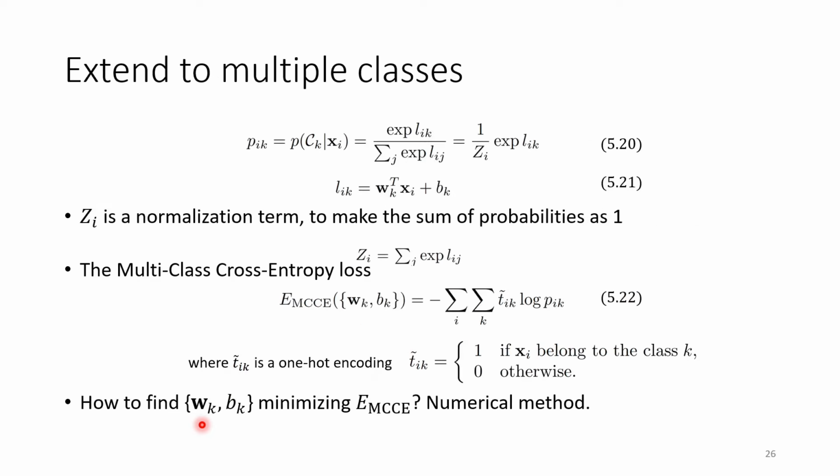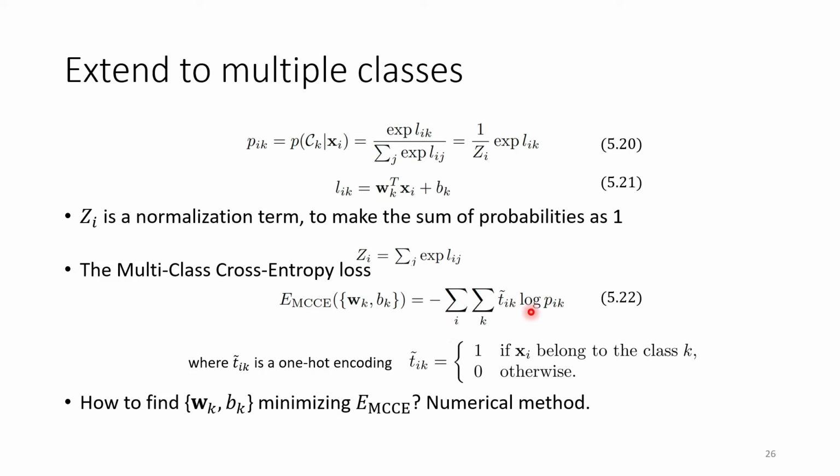Then we extend the two-class scenario to the multiple-class scenario, and we will have the probability value P_ik as this term. Zi is only the normalization term, because all of those probability values should sum up to 1. The multi-class cross-entropy loss will be written in this format.